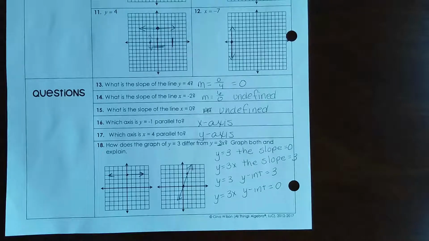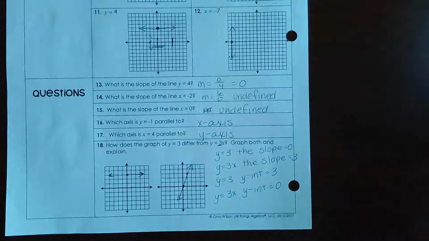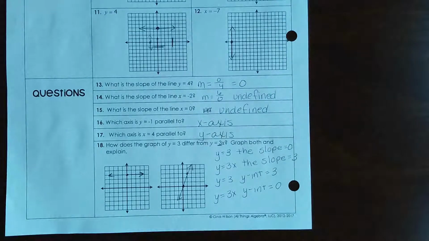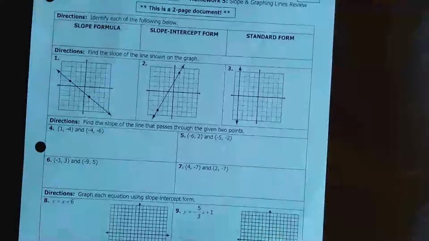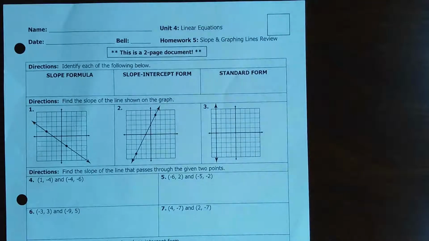All right, like I said, if you have questions, shoot me a text or a chat, and I will answer those. You do have a quiz on Wednesday. So your homework tonight is a review. So it's homework 5, slope and graphing lines review. You can't see that. Slope and graphing lines review.